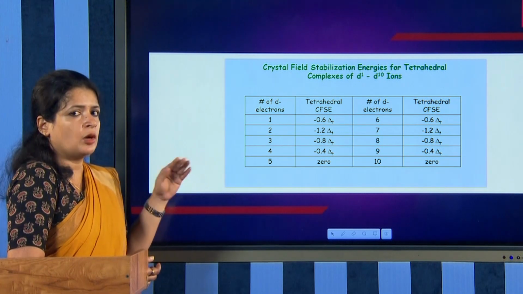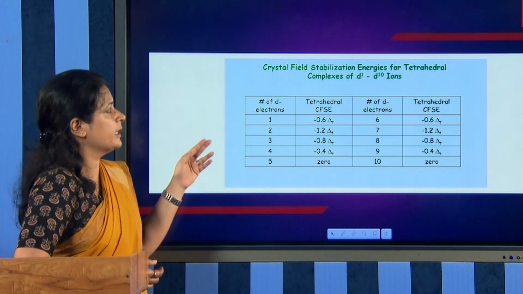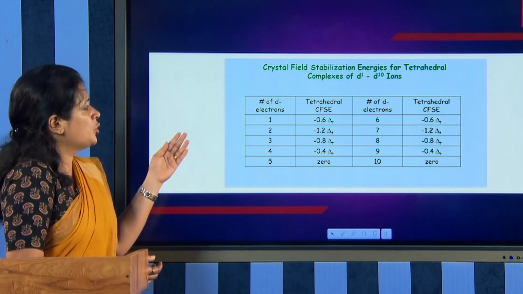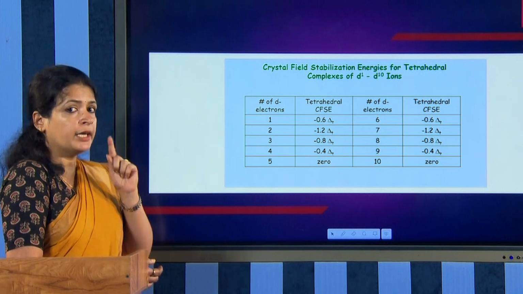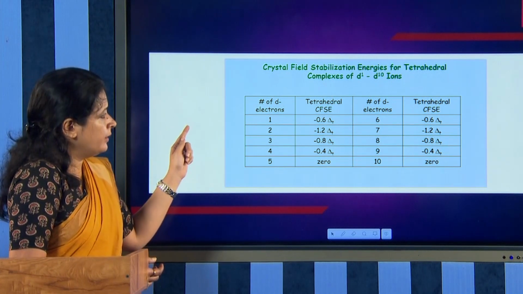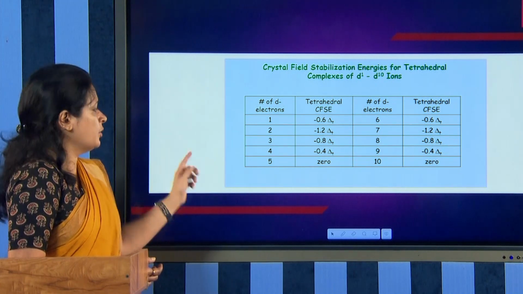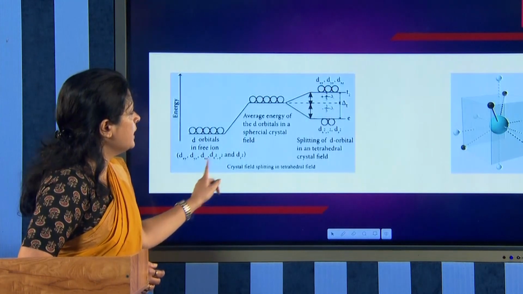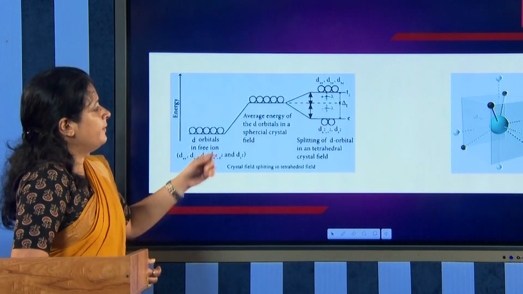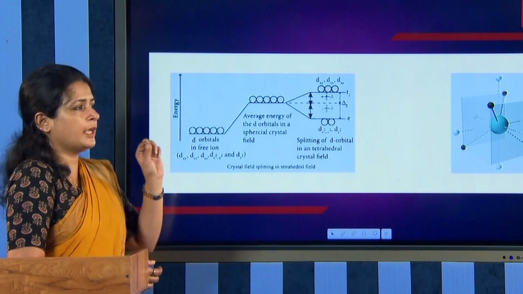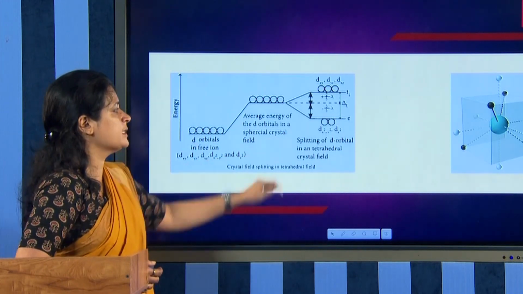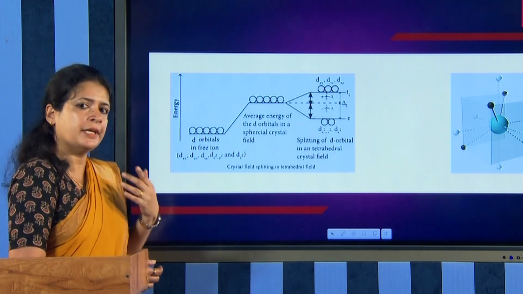How to calculate was already discussed in the previous classes. When we go to the d1 case, that is 1 electron in the d orbitals, 1 electron will be occupying the dx square minus y square or dz square.